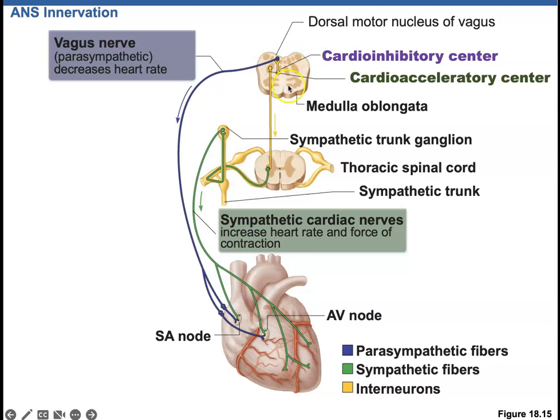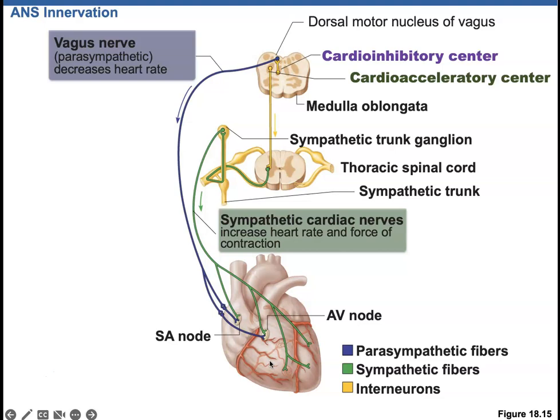But when your body says, boom, we need to go into a sympathetic state, we need to go now. Now we have this little interneuron that comes from the cardioacceleratory center, which is your sympathetic, and it hits that preganglionic neuron that originates from the lateral horn of the spinal cord, goes out the ventral root, because remember this is motor, and now it's going to go up to its little ganglion, synapse with the postganglionic neuron of the sympathetic system, and now you see that we've got sympathetic postganglionic connections from that neuron going to the SA node, the AV node, and the ventricles.